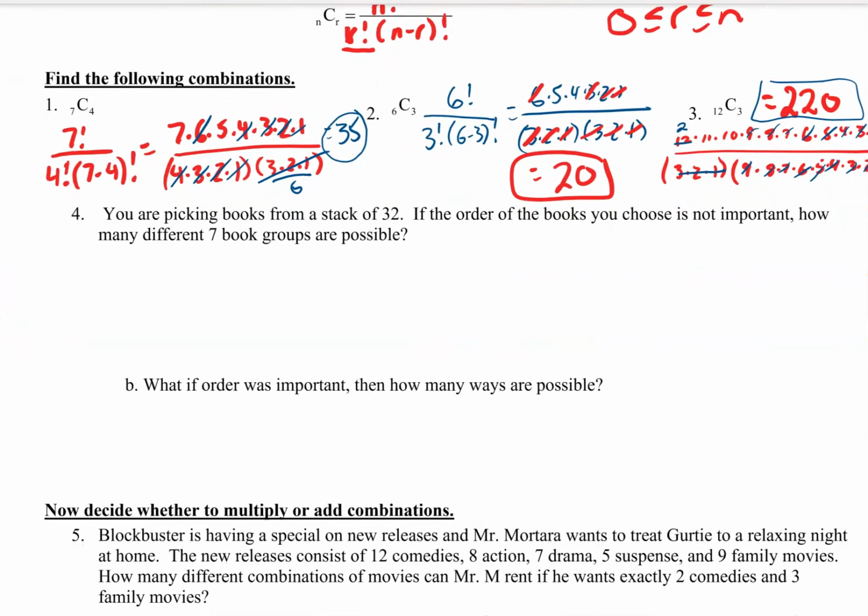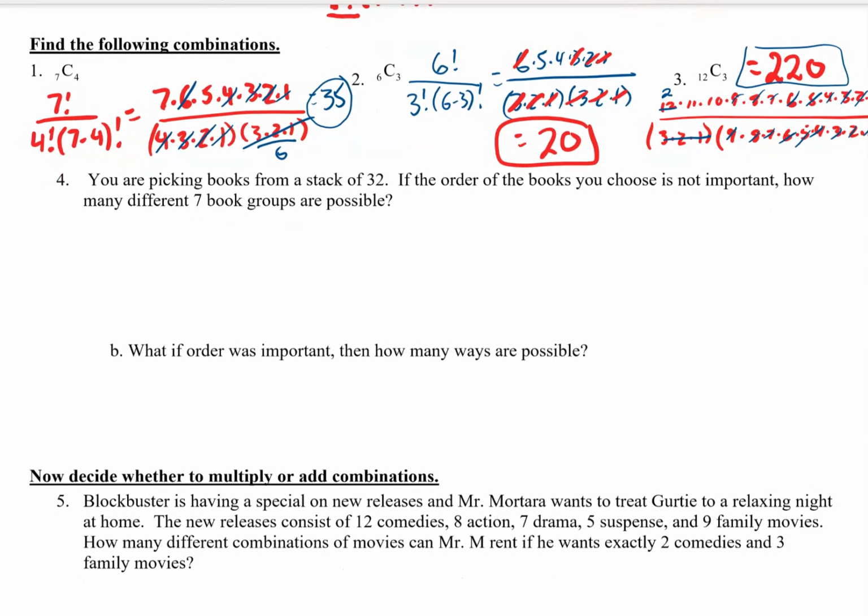So how do we apply these? Well, here's some problems that we can take a look at. We're picking books from a stack of 32 books. The order of the books you choose is not important. That's what you're looking for to determine whether you're going to use combinations or permutations. For a permutation, order does matter. For a combination, order does not matter. So here we're going to have 32 items, and we're going to choose 7 of them.